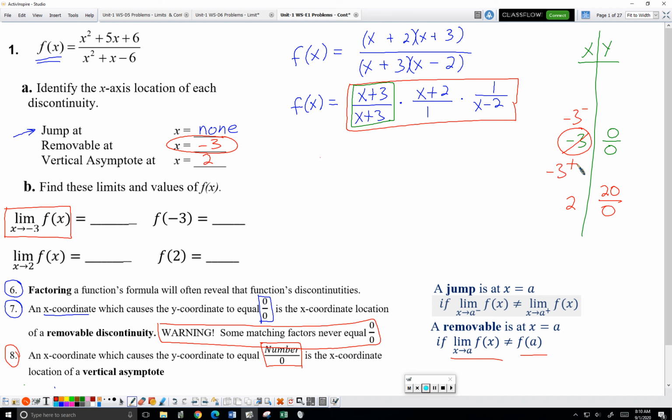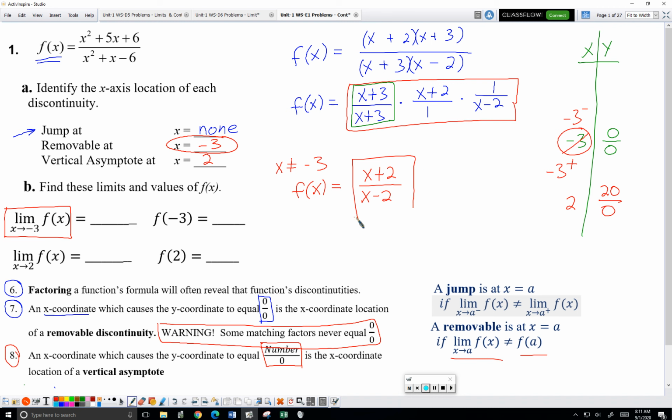And really, as long as I'm picking an x value that is not -3, my formula for f can be thought of as being much simpler. It's just x plus 2 divided by x minus 2.